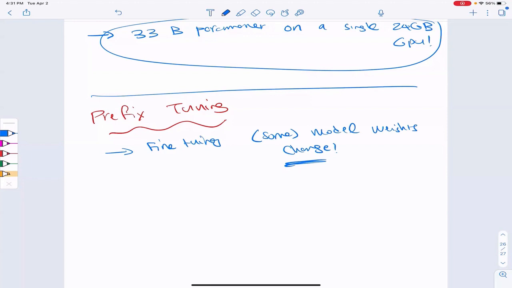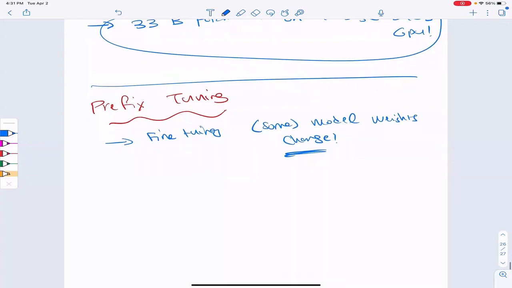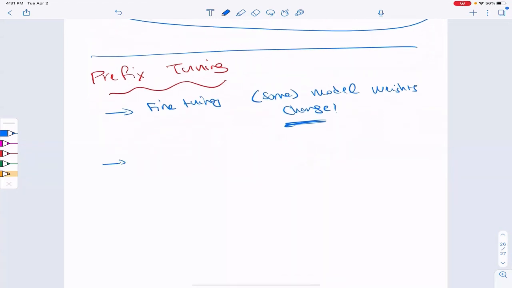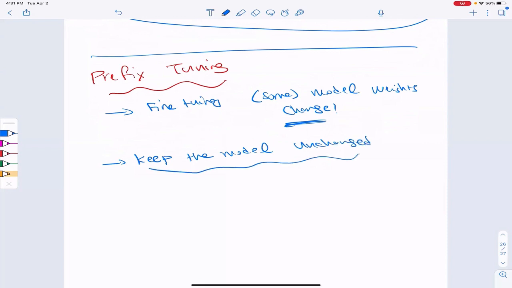So the idea of prefix tuning is to keep the LLM the same, keep the model unchanged. Don't change your model, but I want to have a more specific model for my data set. If I don't change my model, what else do I have?